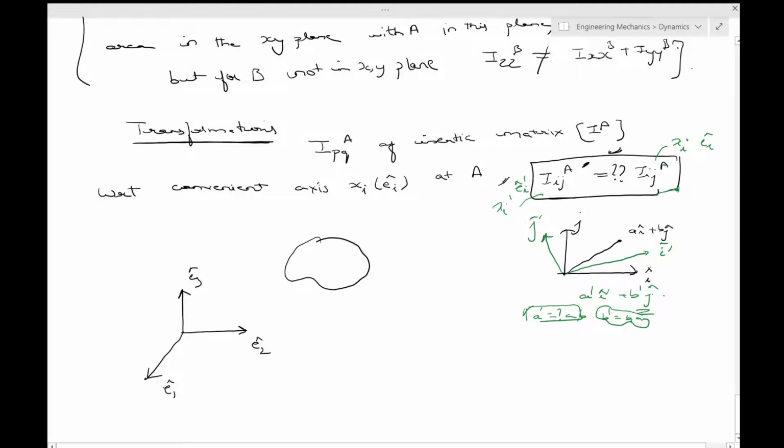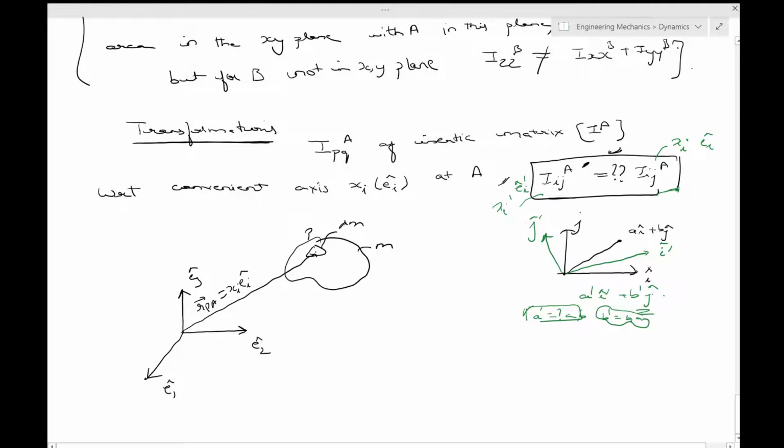You have this mass m, you have this point P, this is small mass dm. Okay, this is point P. Now I can write this vector RPA in terms of the basis vectors e1, e2 and e3. Let that be equal to xi ei hat.